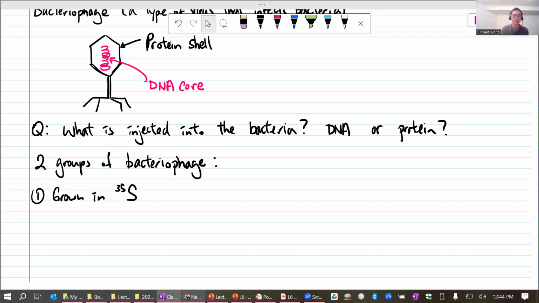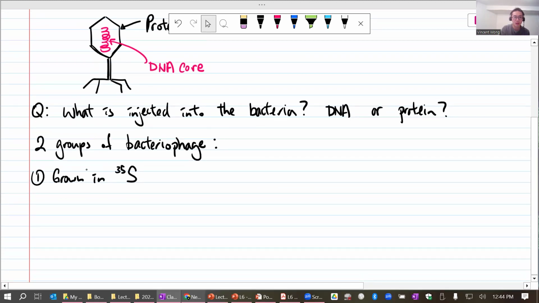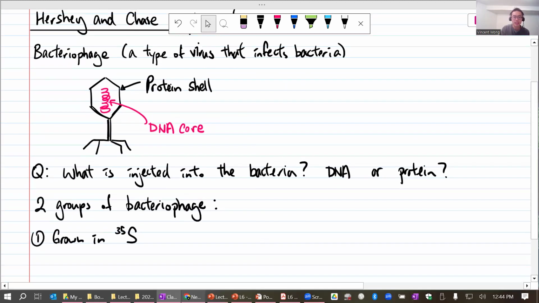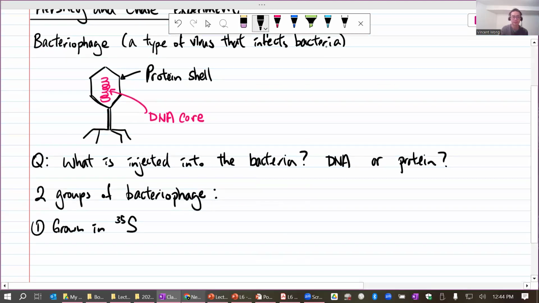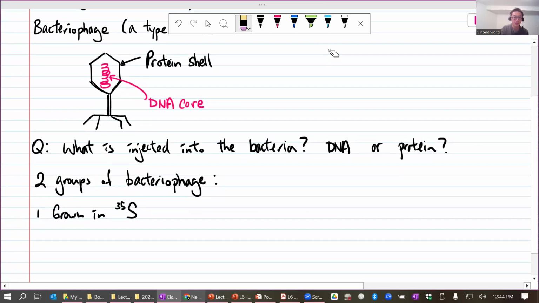Okay, so we have some bacteriophages that are growing in sulfur 35. So tell me, does the sulfur show up in the protein, or does the sulfur show up in the DNA? Protein. That's right. The protein contains traces of sulfur.